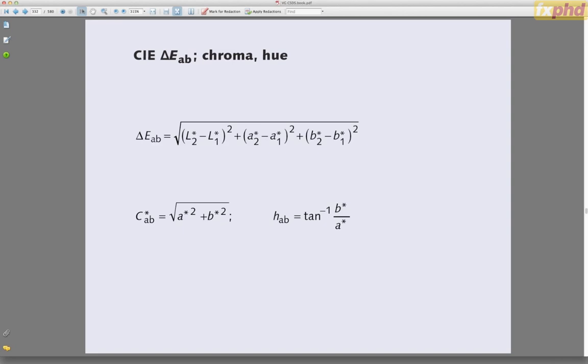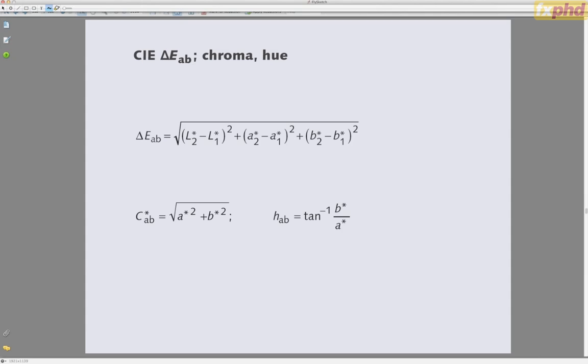Now, this is a fancy looking equation, but it's actually very simple. This delta E ab is just the difference of two L stars squared plus the difference between two A stars squared plus the difference between two B stars squared, square root of the whole thing. This is called the root, and the plus here acts like an average or mean, and these elements are squared.